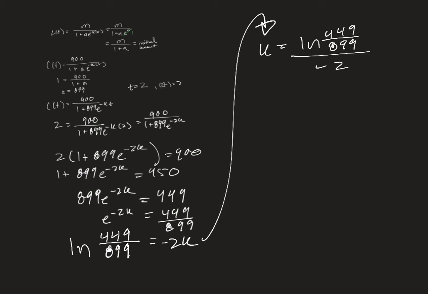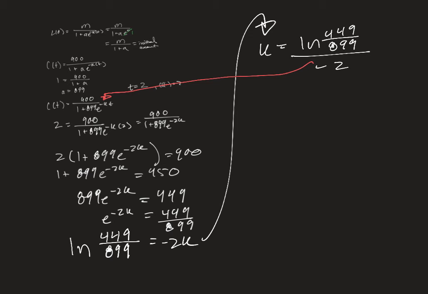And whatever that number comes out to be, I do not have a graphing calculator on me right now. We would plug that back into our equation right here, and that would be our logistic equation that's modeling our growth.